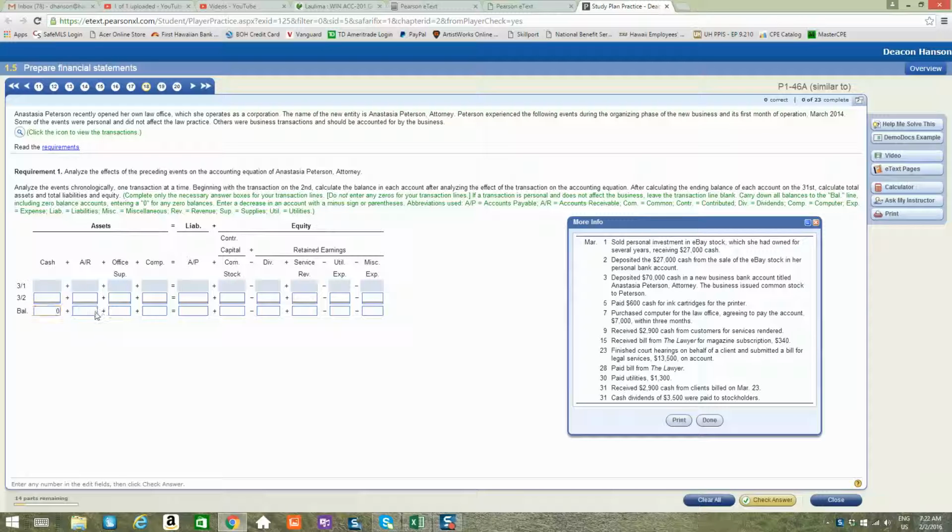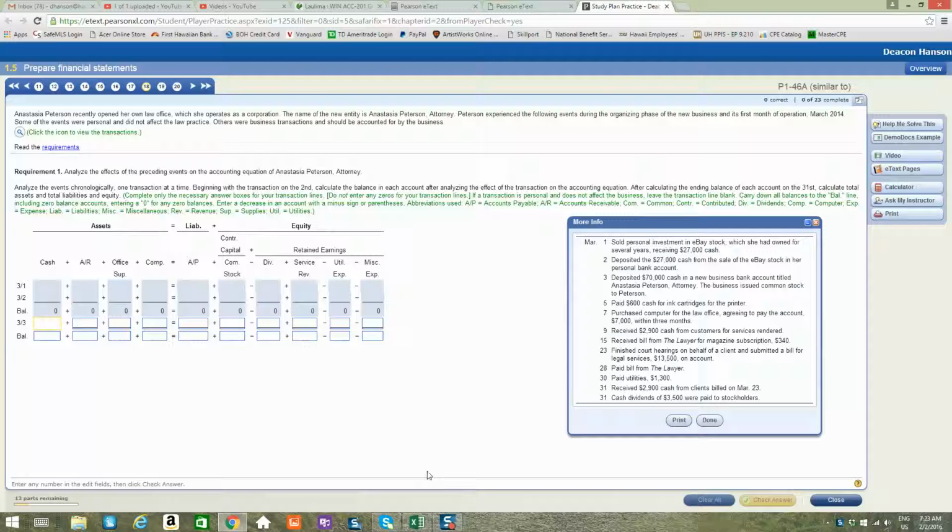I'm just going to do the balances at zero because there's nothing that happened in the transaction. And we'll see how we fare. Okay, okay, nice work. Okay, so no transaction.